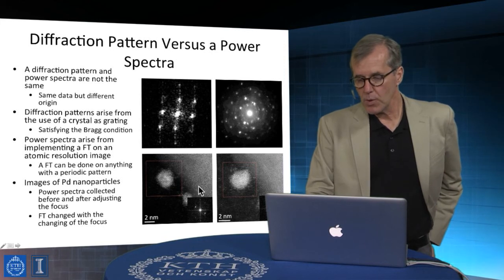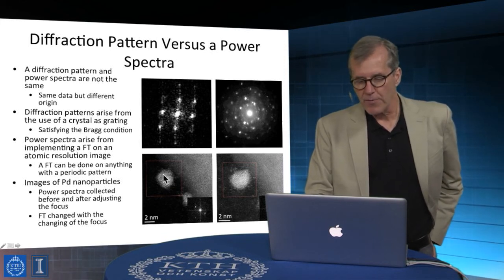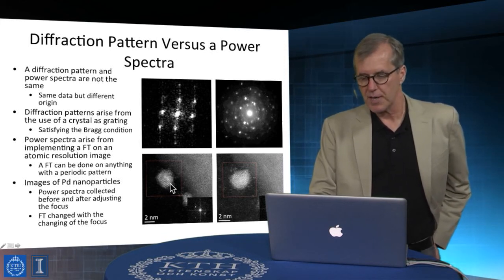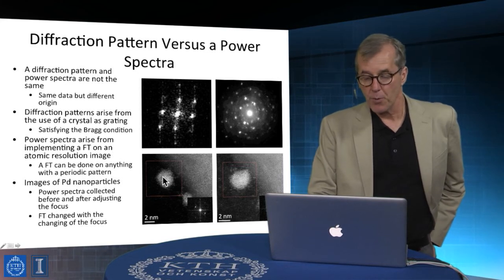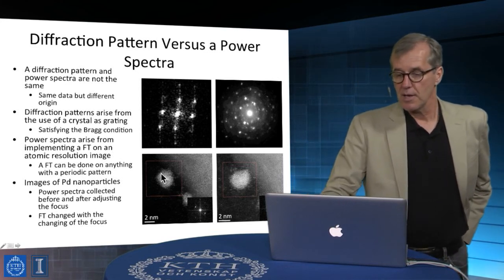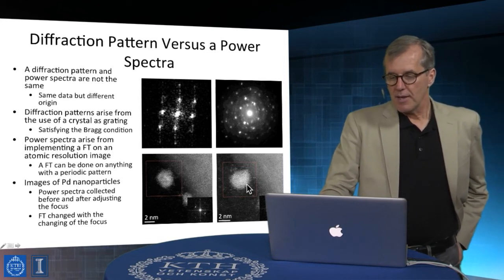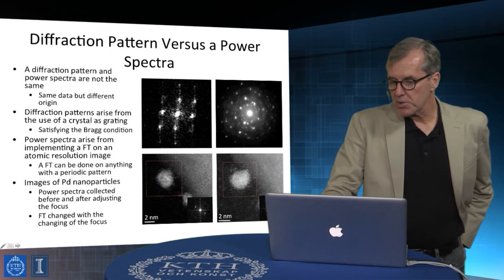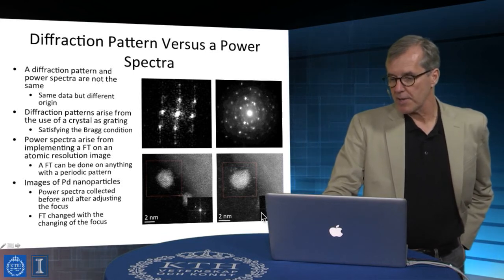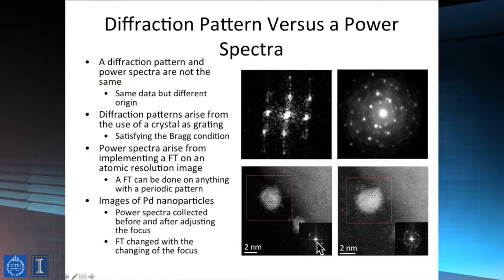Now, one can also acquire information that's sort of the same type by just doing a Fourier transform of the intensity that one measures in this projected image. And one gets something that looks like a diffraction pattern. That's actually shown here. These are what are referred to as power spectra.